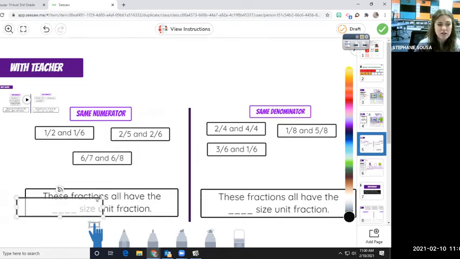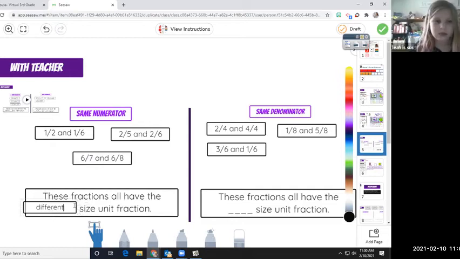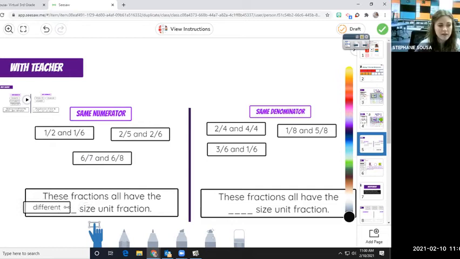These fractions all have different size unit pieces. Okay. These are going to be differently sized unit fraction pieces. So that means we can think about which one is going to be a bigger piece and compare them that way.